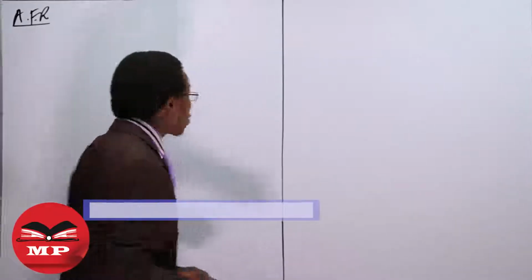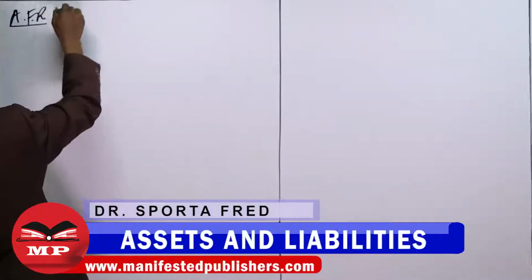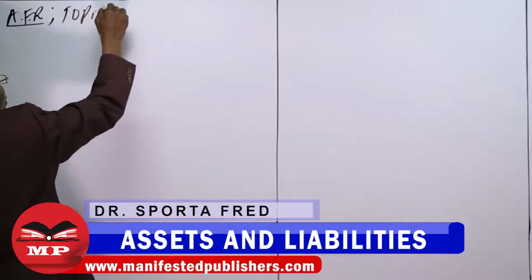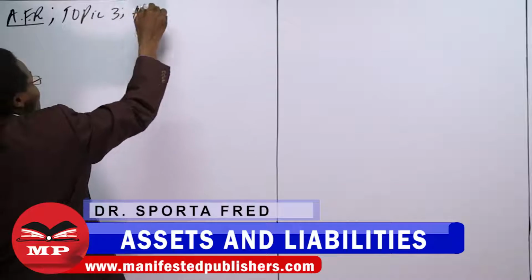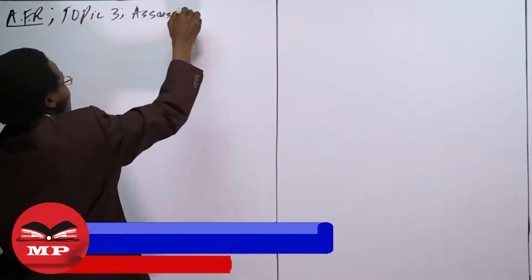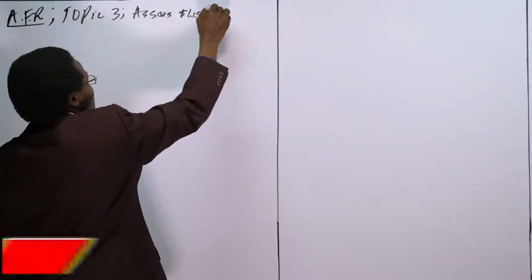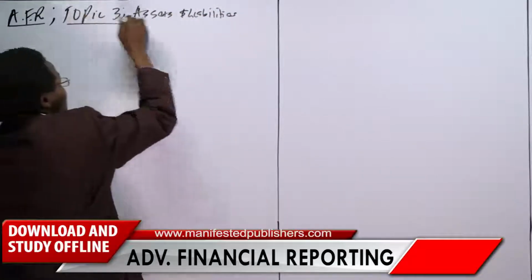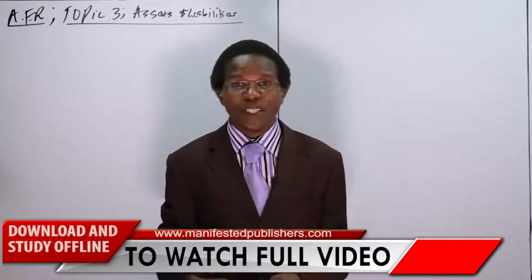We have been looking at topic 3 in respect to assets and liabilities. We have done a good number of items, and now it's becoming interesting as time goes by.